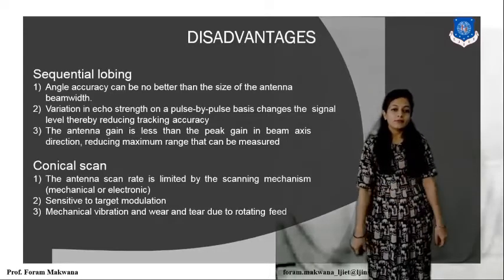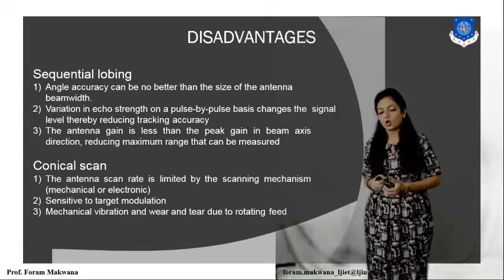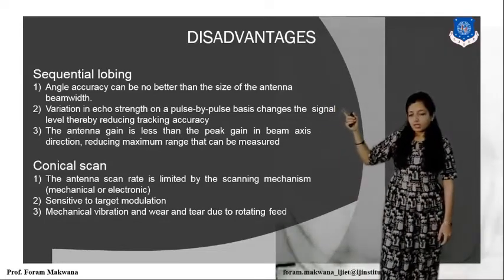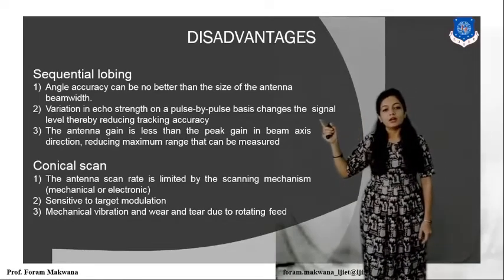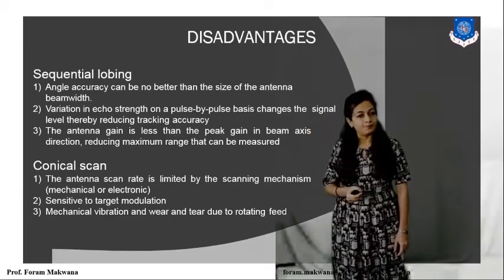So what are the disadvantages, or we can say the comparison between sequential lobing and conical scanning? The angle accuracy can be no better than the size of the antenna beamwidth.